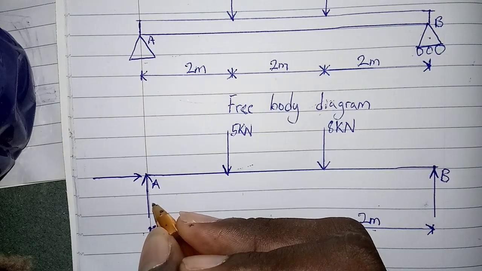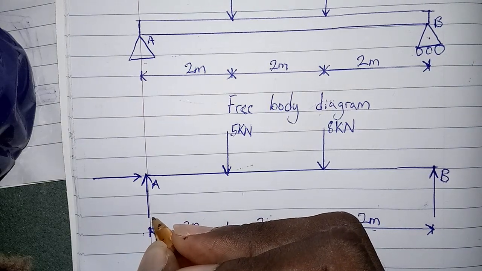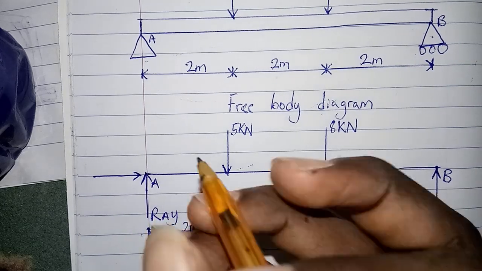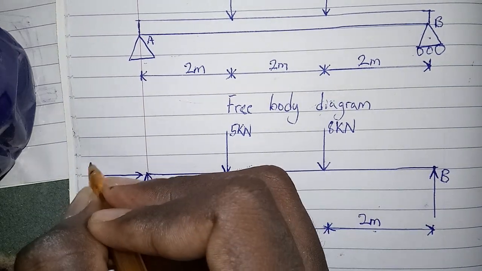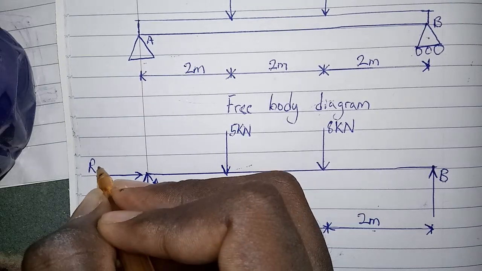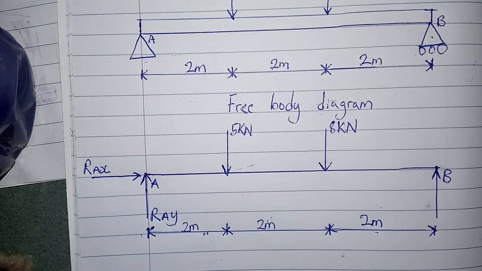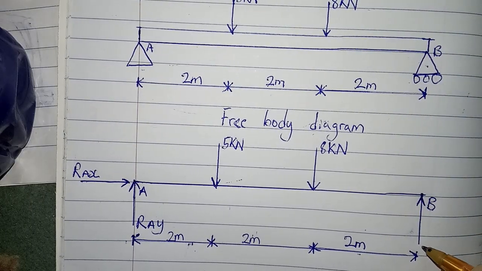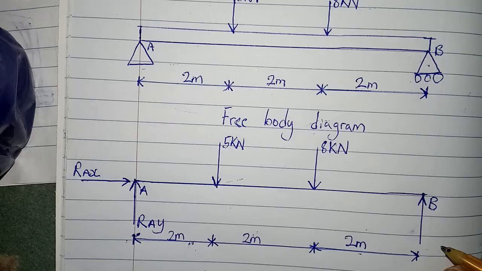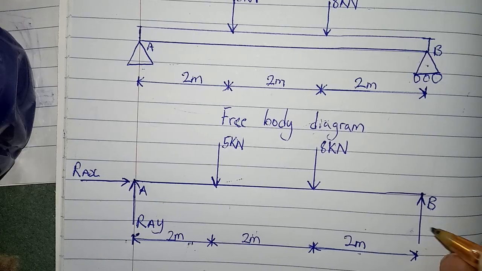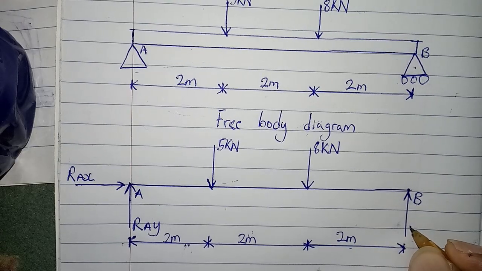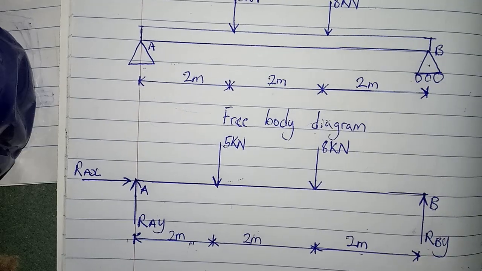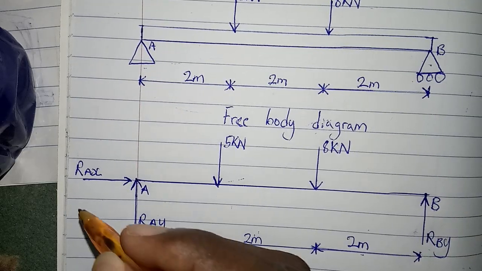The vertical reaction to be R A Y, and the horizontal reaction to be R A X. And the roller support has only one reaction, which is only the vertical reaction. So let's name it as R B Y.